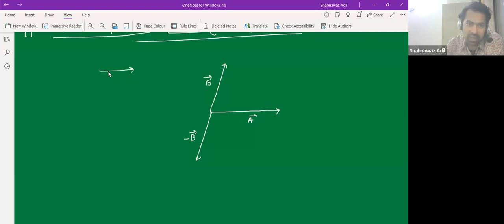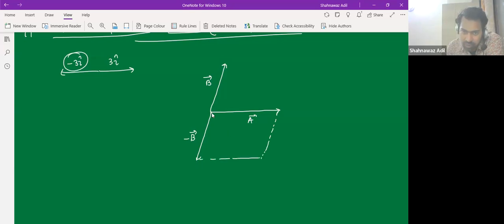If I have a vector, let's say 3i, and I want the opposite vector, that would be minus of it. In the same way, this is the opposite vector. Now we use the parallelogram law on A and minus B. So again, we draw the parallelogram. This would be the subtraction of vectors, which is A minus B.